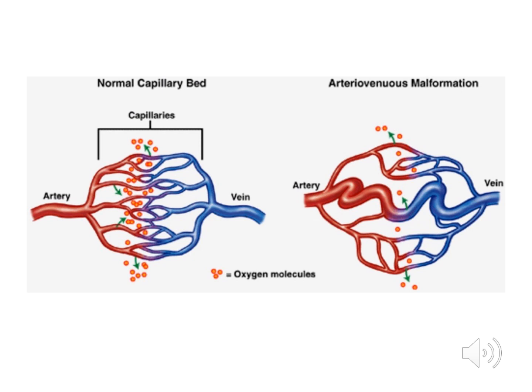What you have in an AVM is a direct connection between an artery and the vein without going through the capillaries first. Okay? Now, AVMs are usually defects that occur during fetal or embryonic life when the brain vasculature was developing. And so now we have this little defective place where the artery directly connects to the vein.